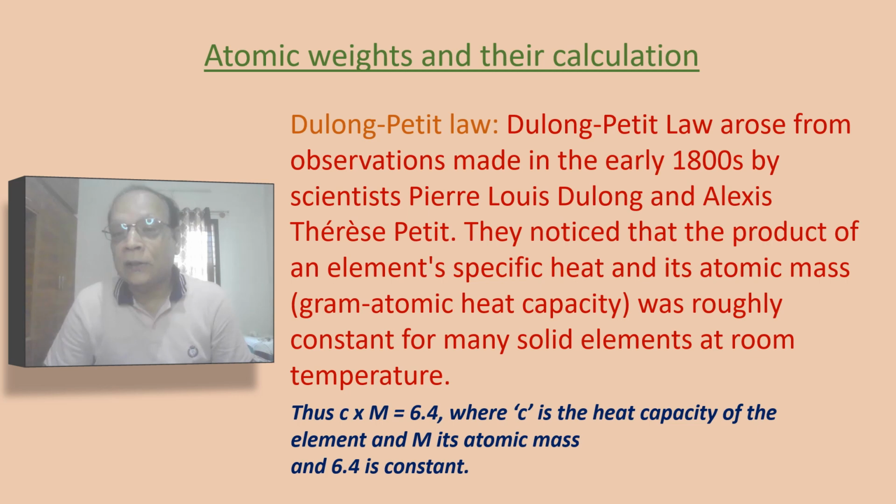They arrived at the law: the specific heat times the atomic mass of an element is roughly 6.4, where C is the heat capacity and M is the atomic weight or atomic mass of the element. 6.4 was found to be a constant.